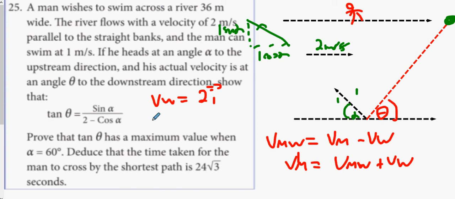So, velocity of man is minus cos alpha i plus sin alpha j. Is that alright with you guys?